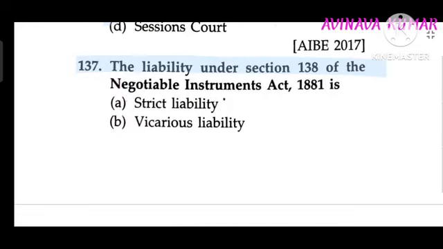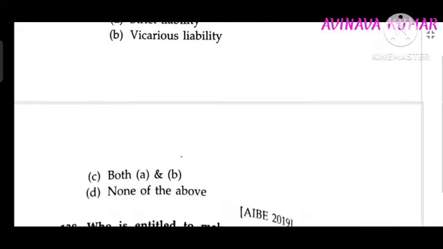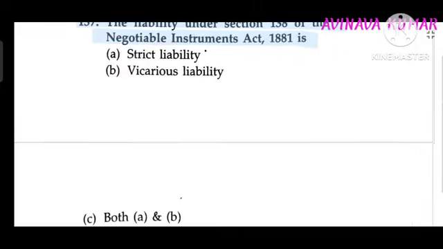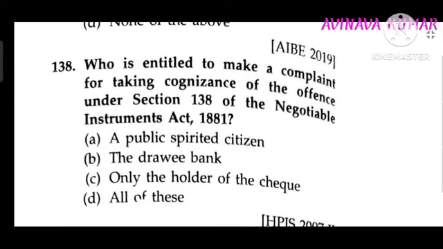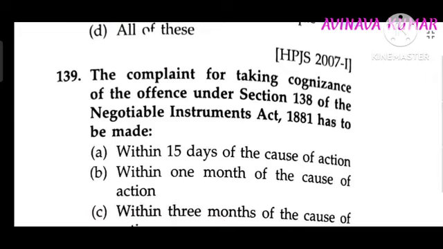The liability under Section 138 of NIA is strict liability. Who is entitled to make a complaint for taking cognizance of an offence under Section 138 of NIA? Only the holder of the check.